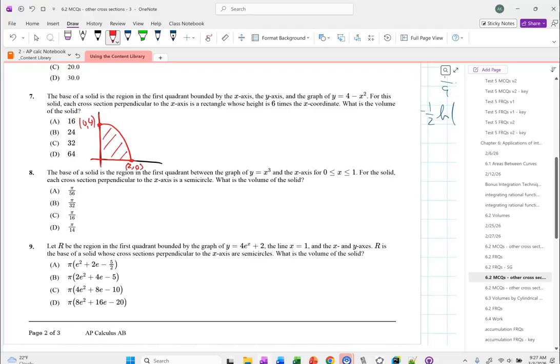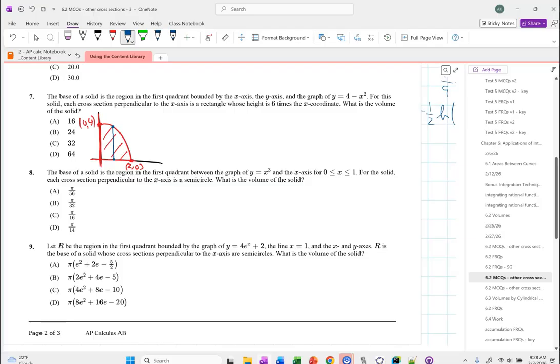I'll draw the part of my graph in that first quadrant. Everybody okay with that? How do you know the height is 4? If I plug 0 into x, I get 4.